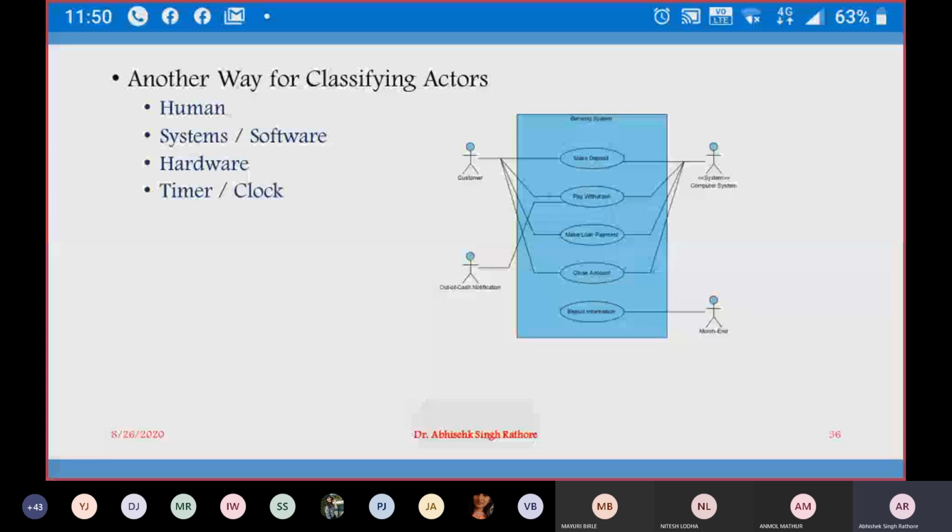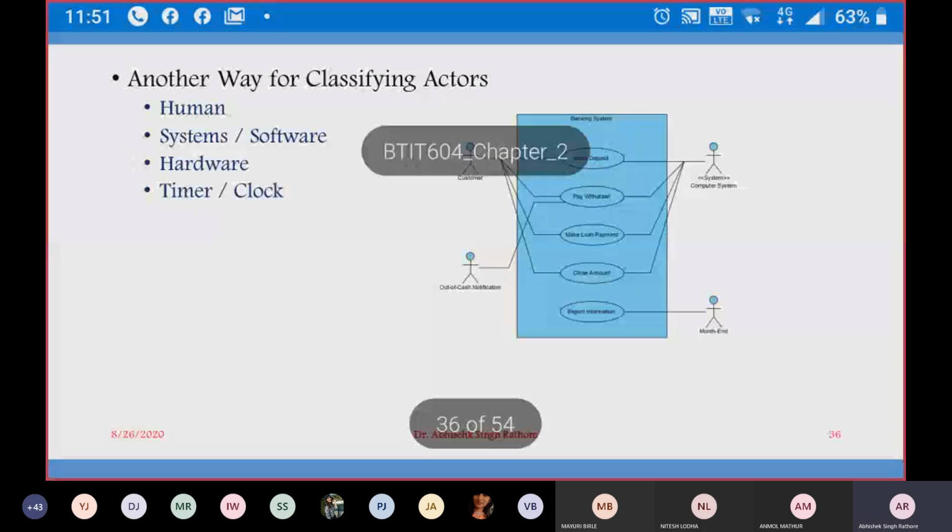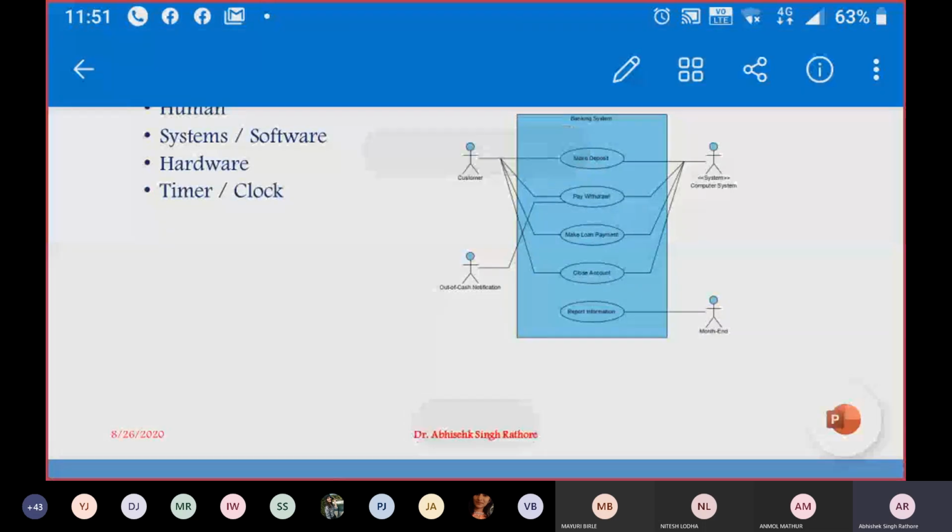In addition, when we are adding a system, we can write a stereotype like this, as a computer system. So a computer system here is an actor of your system. While I was doing my post-graduation thesis, I developed a system. In the early phases of the requirements, I treated my database as a user of the system.